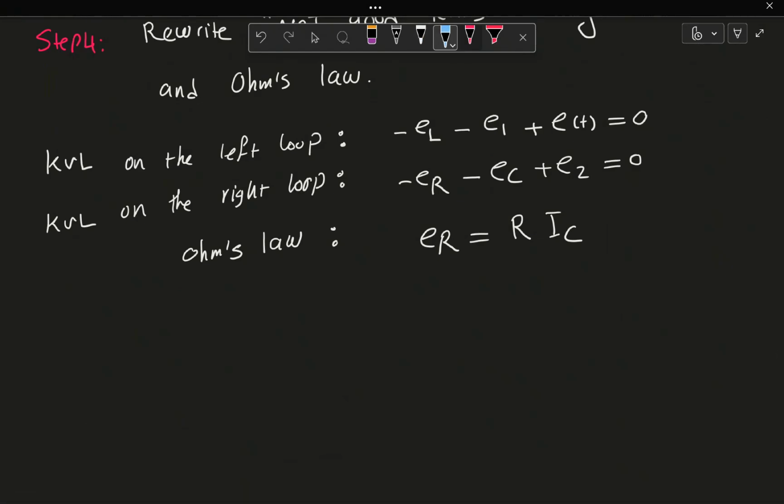Okay, so just like the previous ones, you can go ahead and substitute for ER here. Automatically it's going to be R IC here.